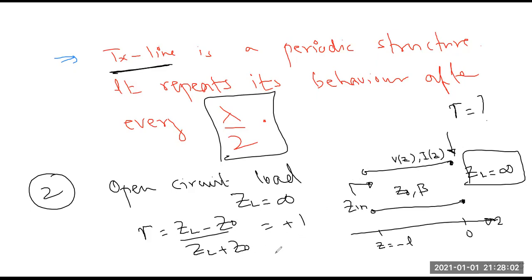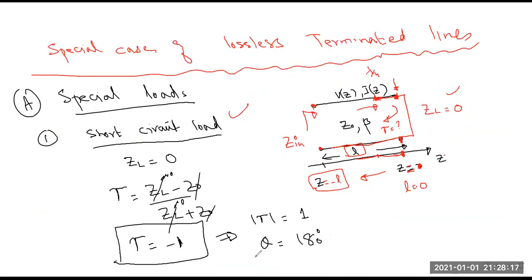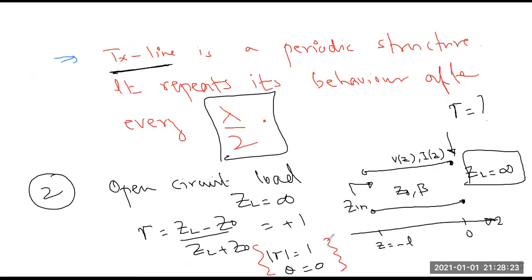So what does that mean? It means that the magnitude of the reflection coefficient is 1 and the phase of the reflection coefficient is 0. So that is something that you need to see, the difference between short circuit and open circuit load. We got one behavior before, and now we are getting a different behavior. What is the difference?